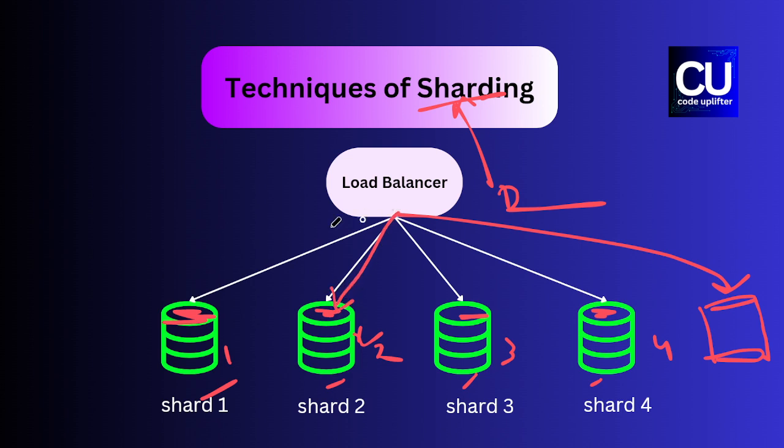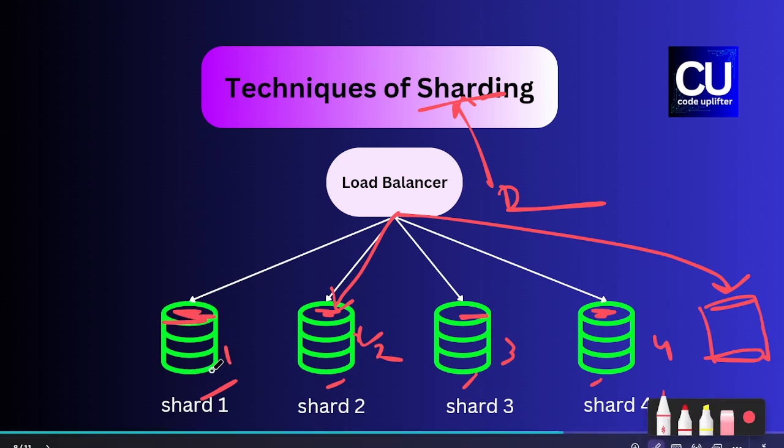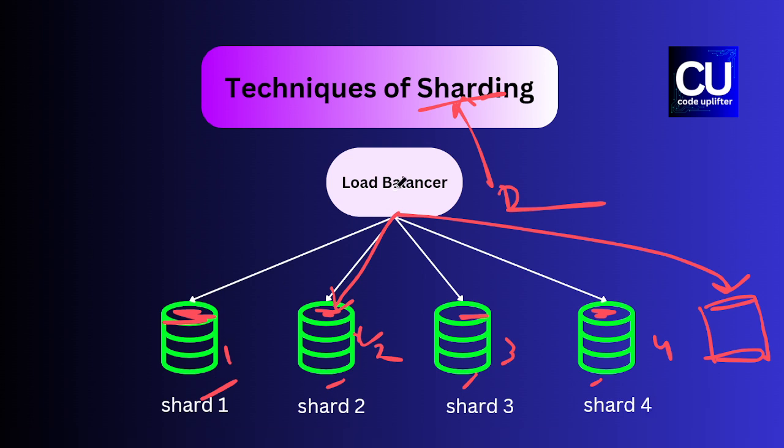Otherwise, if the load balancer forwards the request to shard 1, it will definitely not find the user record. It can give errors. So due to this hashing function, the load balancer has the capability to know which record is present in which shard.